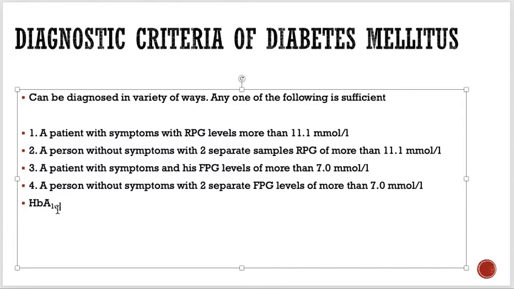So this one is taken such that anyone whose glycosylated hemoglobin is equal to or more than 6.5%. Again, if you want to measure this in millimole, it will be greater than or equal to 48 millimole per mole.